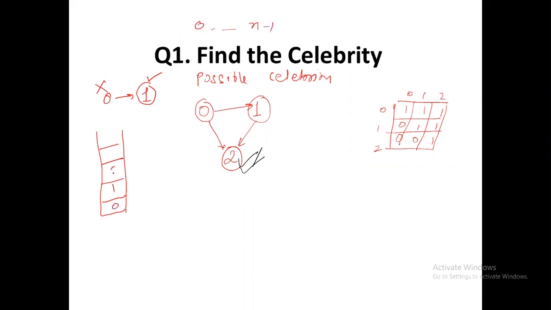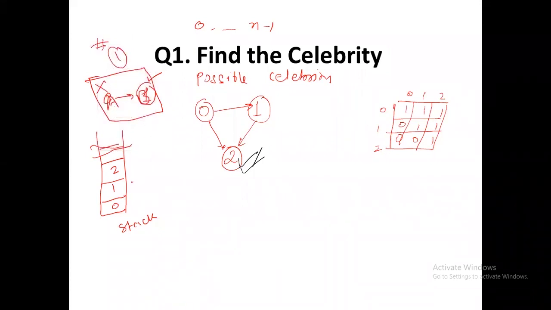I will put all the elements 0, 1, 2 into my stack. Now, this is one thing: if 0 knows 1, or A knows B, that means A can't be the celebrity, but B can be the celebrity. This is the one main point.